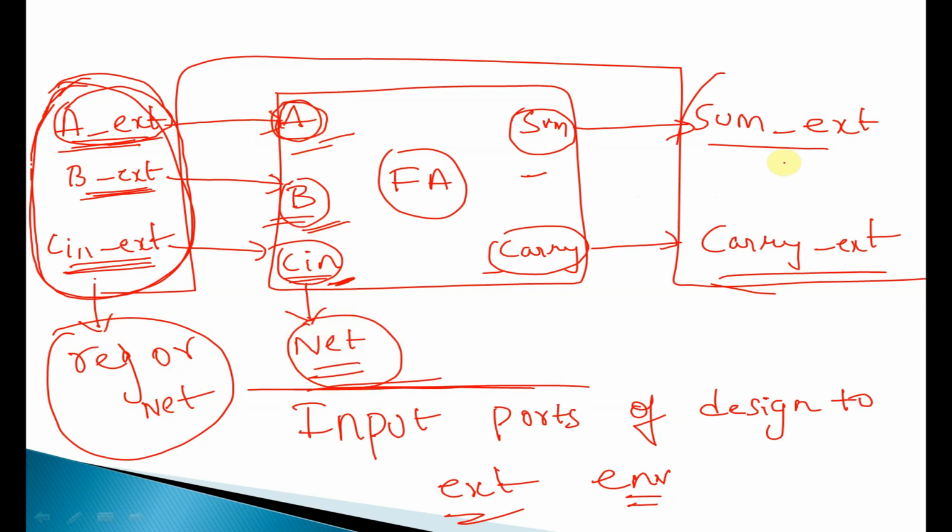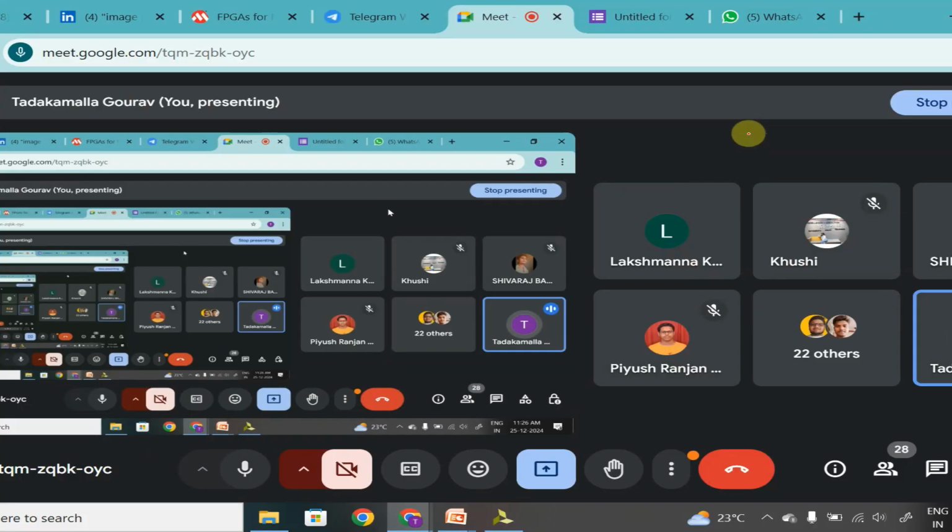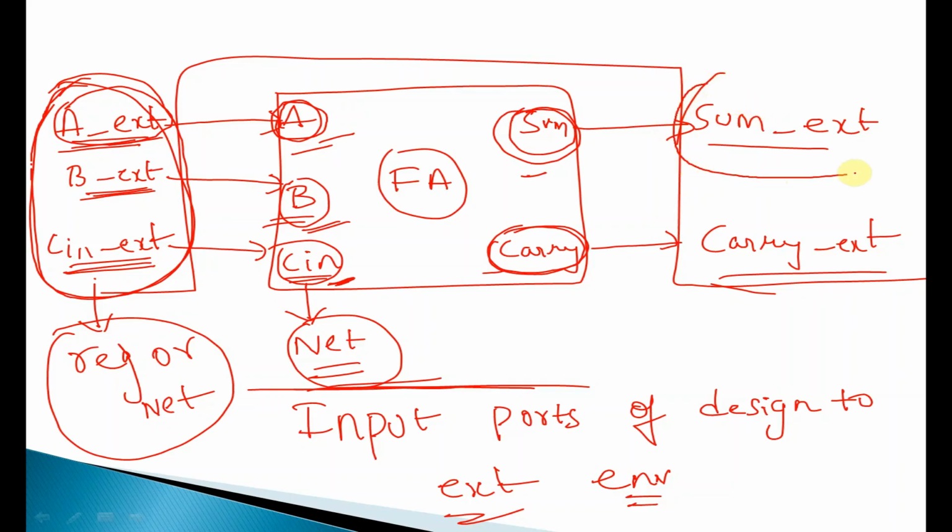Coming to output ports connection, here our output ports are sum as well as carry, and we want to connect them with our external environment, sum underscore external and carry underscore external. Now let us see how to connect these output ports with the external environment.